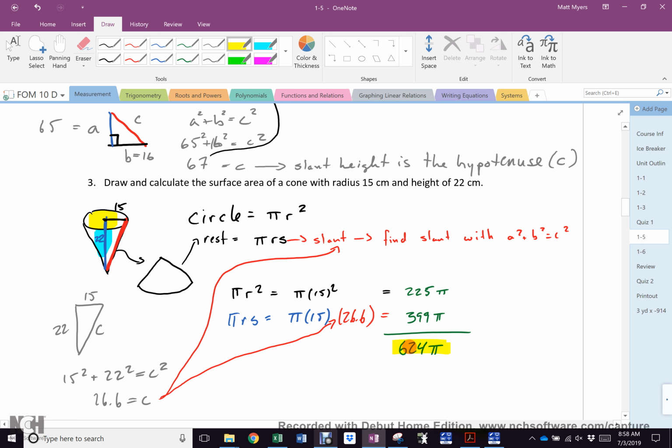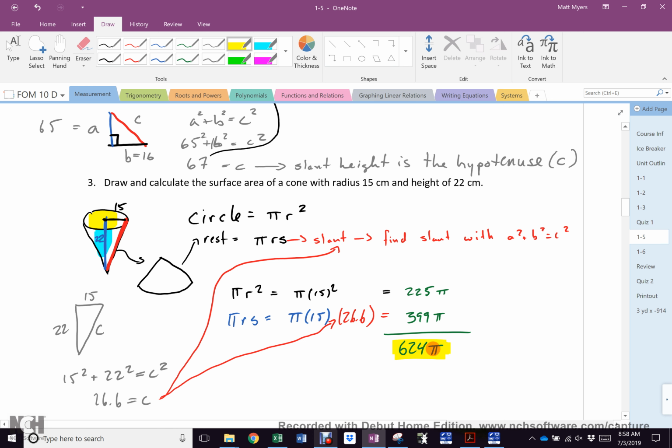This is the way your future teachers will want these questions answered. You will stop giving decimals for pi in grade 11 and 12, and if you go to university and do math, you will never write pi as anything but pi. Do you all understand what I'm saying?